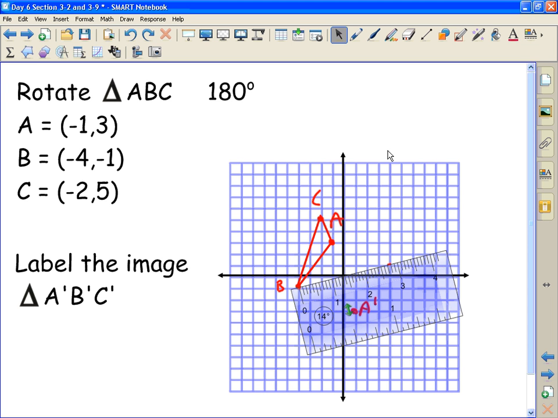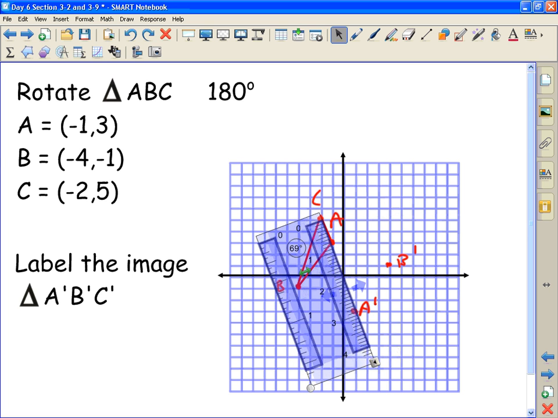Well, about 2.3, 2.4, so we're going to be between 2.6, 2.8. So I did about 2.7. There's my point B primed. I'm going to measure C. I have 1.7 centimeters away.